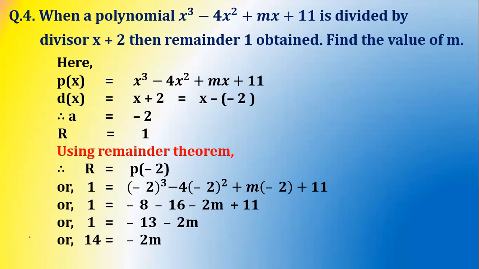So finally the value of m is minus 7. In this way, in the converse way also, we can easily find the unknown coefficient. Now let's see one more example so that the idea will be clearer to us.